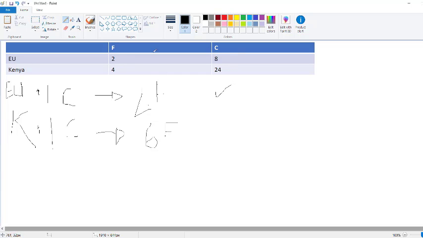So when it's in terms of laborers, a quicker way for you to do this is just to take carbon over food, and this is equal to 8 over 2, and that gives you 4.